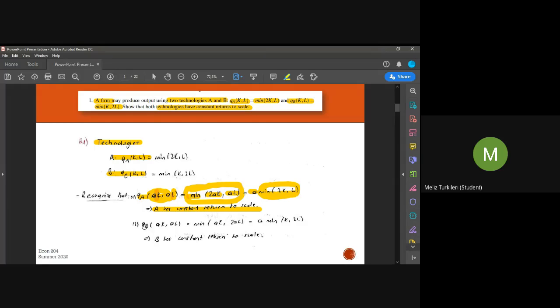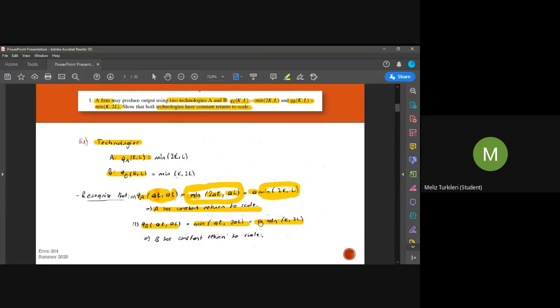If you do the same thing for the B part, again increase the inputs by a, and then we can argue that our output will be represented by the minimization of aK and 2aL, and this function should be equal to the minimization of K and 2L multiplied by a, okay?